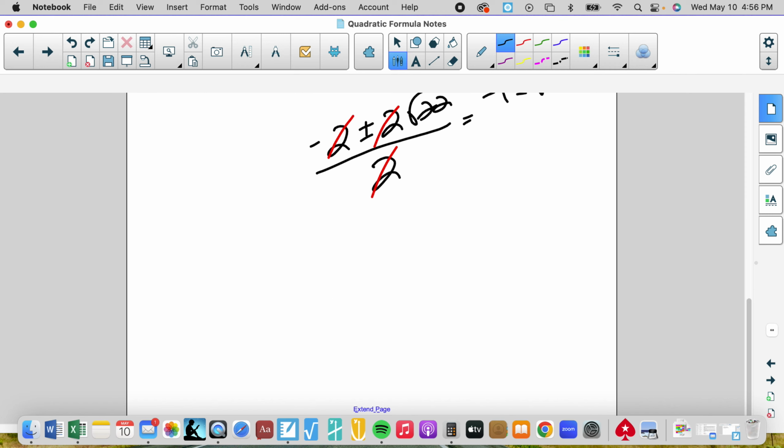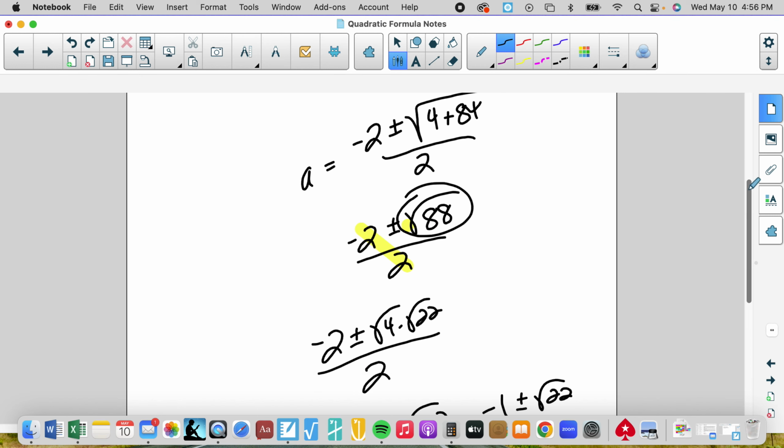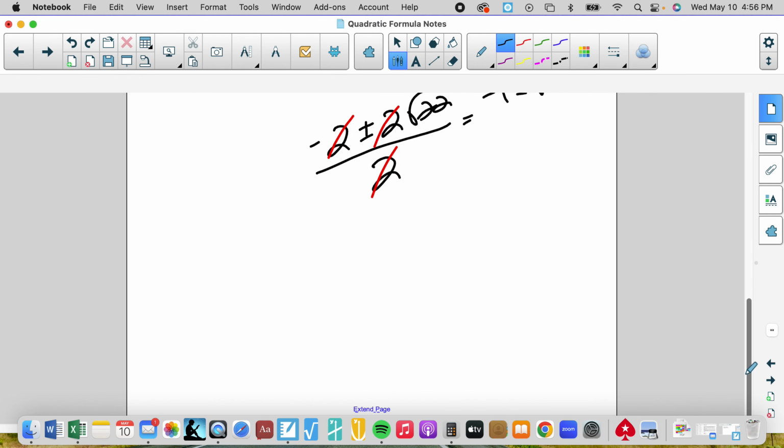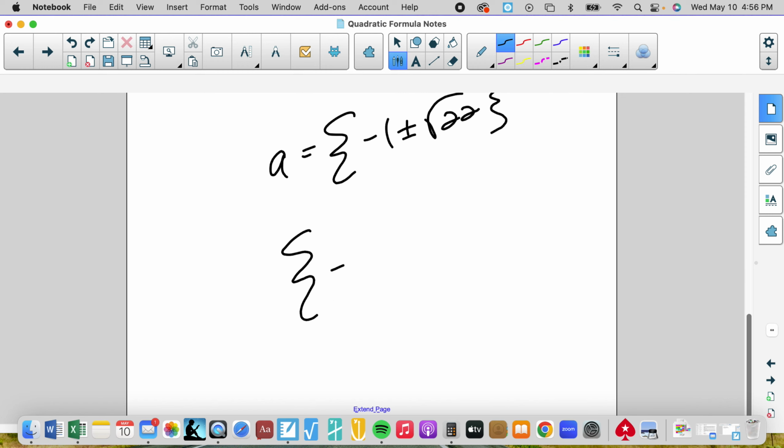So I would write that, what's my variable? A. A equals the solution set of negative 1 plus or minus rad 22. Or you could have written negative 1 minus rad 22, comma, negative 1 plus rad 22.